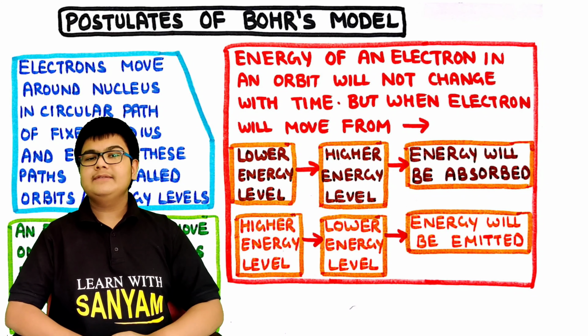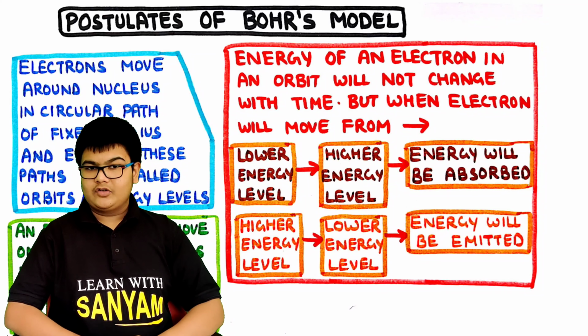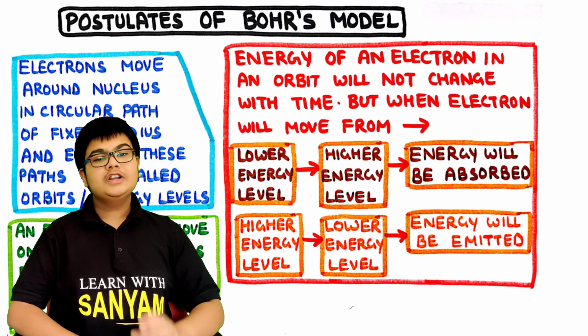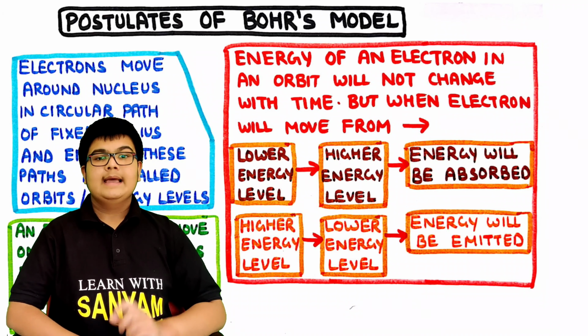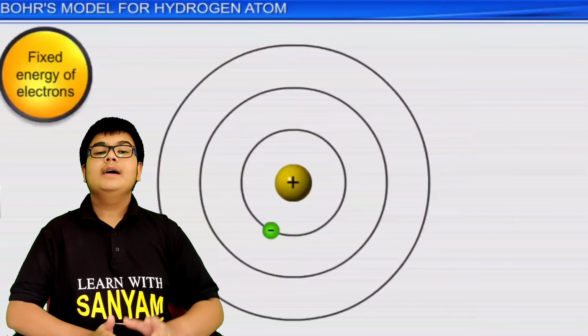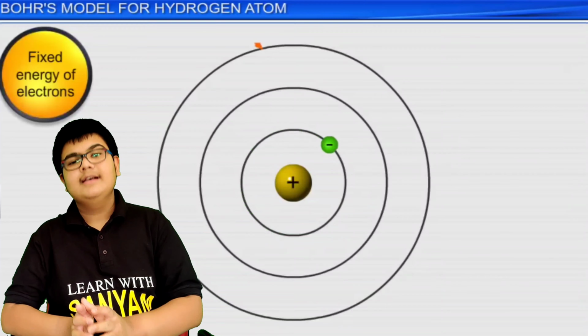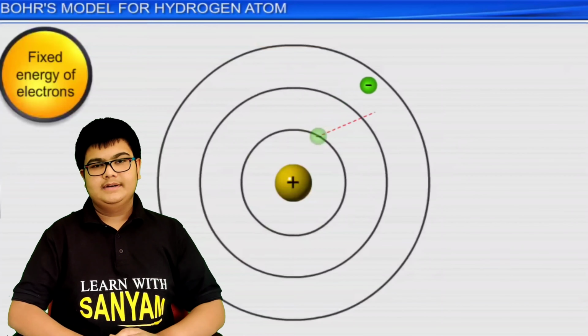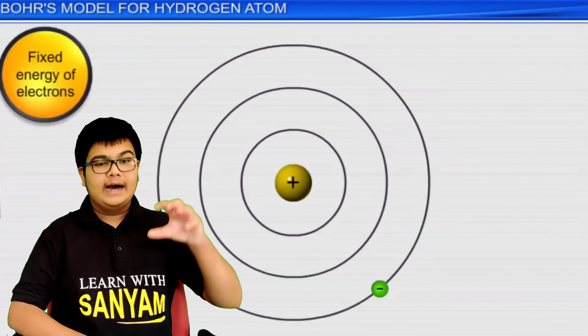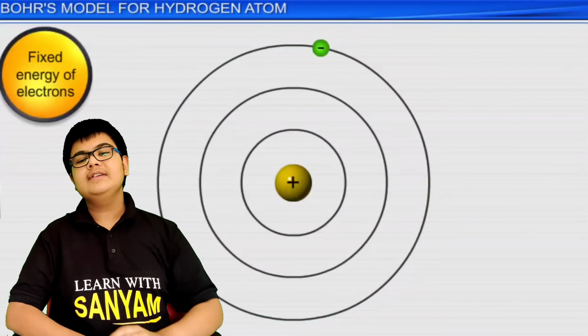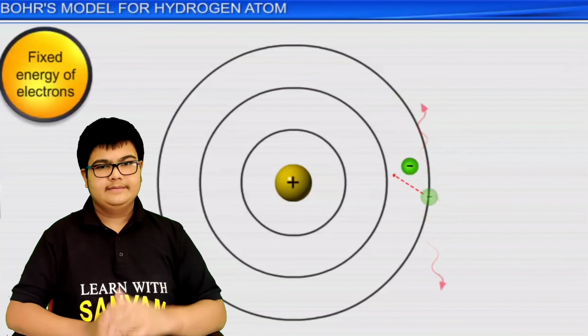And the last postulate was that energy of an electron in an orbit will not change with time. But when the electron moves from a lower energy level to a higher energy level, then energy will be absorbed. And when it moves from a higher energy level to a lower energy level, then energy will be emitted.